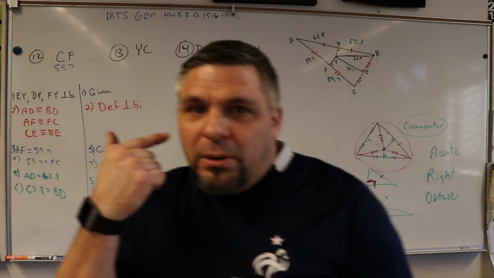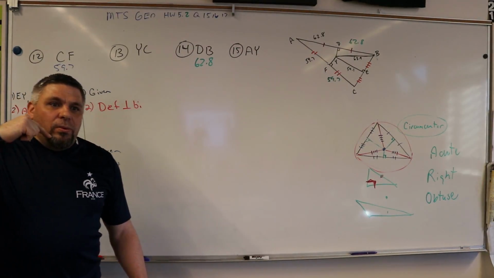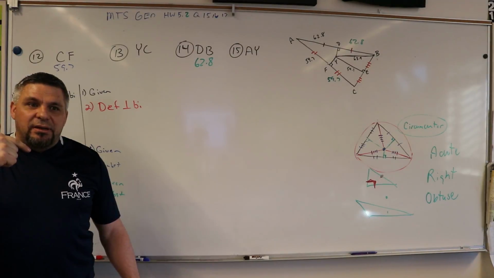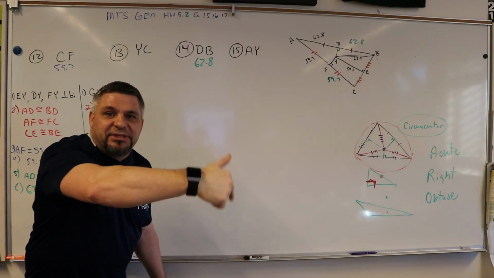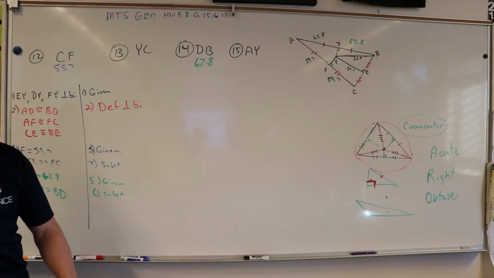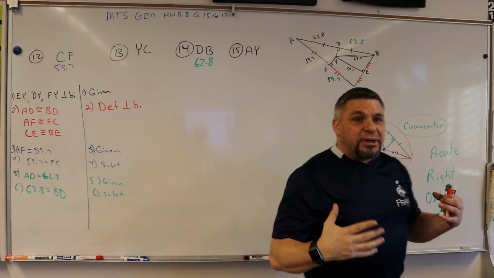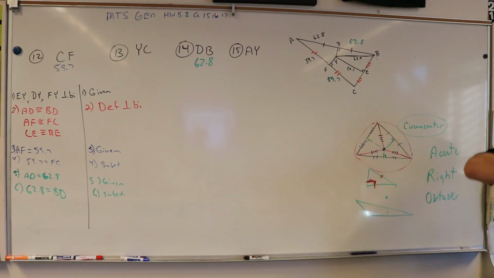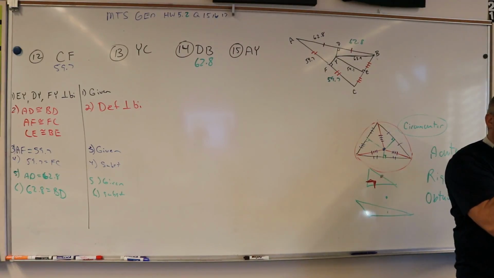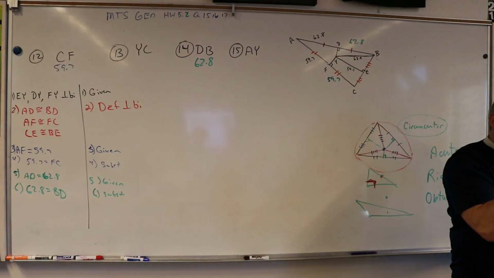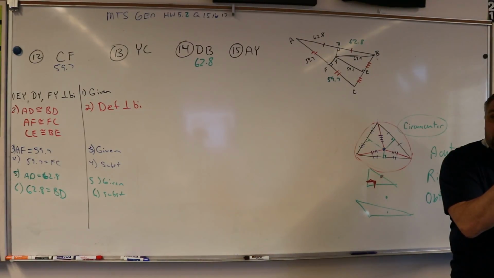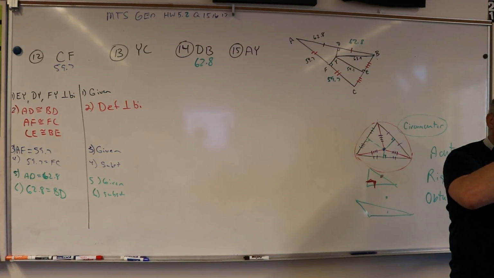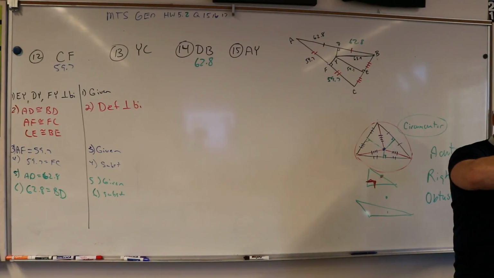But you have to know the rule. What's the whole point of a circumcenter? It's a circle. What's the coolest thing about a circle and its center? Think about it. The radius. They're all the same.